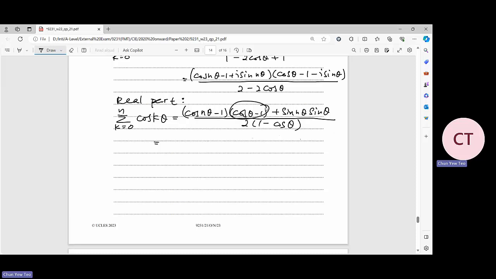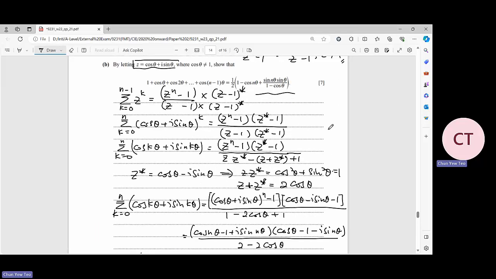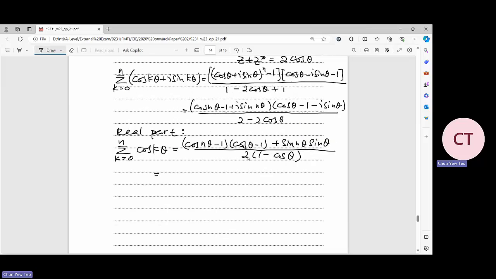You can see that this and this are actually the same, just in a different order. If you refer to the question, it is 1 minus cos theta, so I will factorize a negative out.